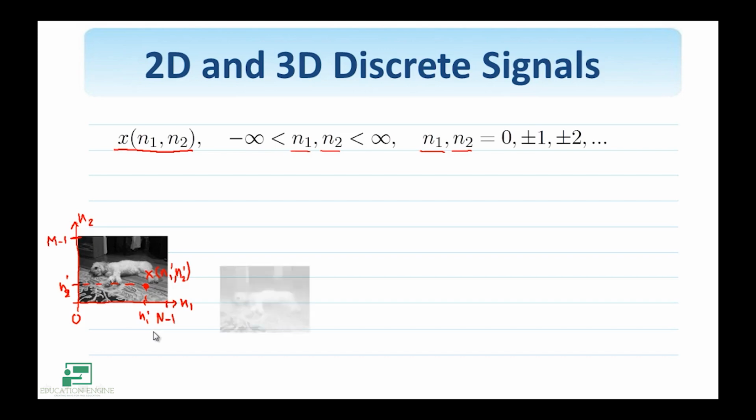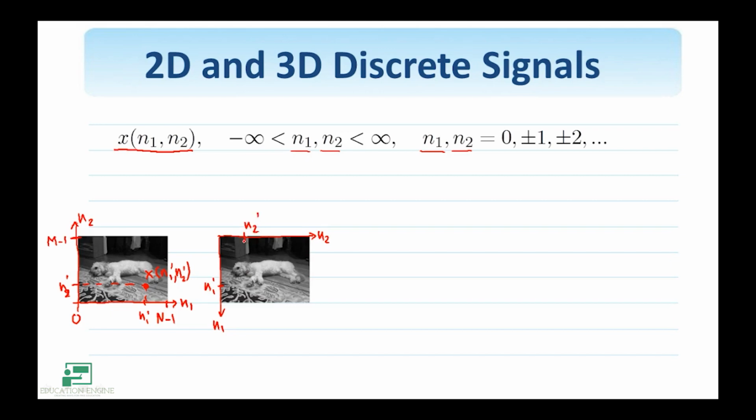Now, drawing from the way matrices are represented on the computer, I can pick the n1 axis this way and the n2 axis going like this. So in this case, if I pick the same n1 prime, it will be approximately here.